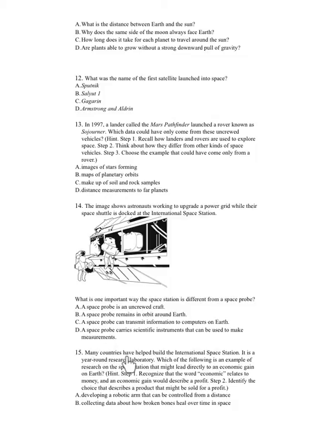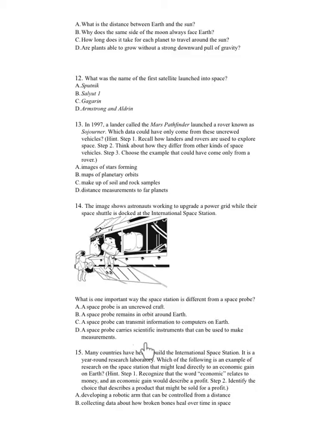Number 15. Many countries have helped build the International Space Station. It is a year-round research laboratory. Which of the following is an example of research on the space station that might lead directly to an economic gain on Earth? Hint, Step 1, recognize the word economic relates to money. An economic gain would describe a profit. Step 2, identify the choice that describes a product that might be sold for profit.